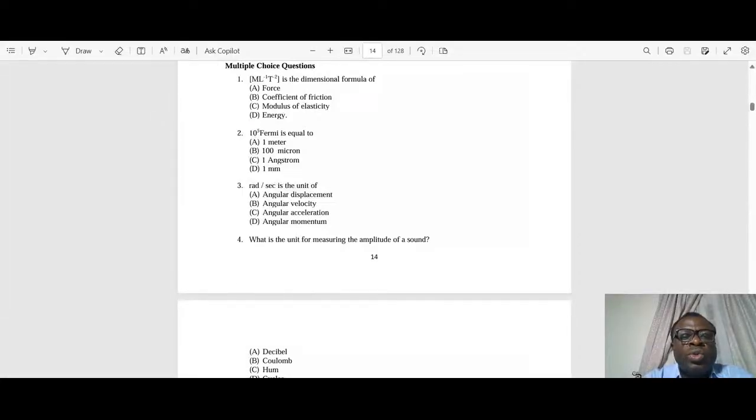ML raised to power minus 1, T raised to power 2 is the dimensional formula of A, force, B, coefficient of friction, C, modulus of elasticity, D, energy.